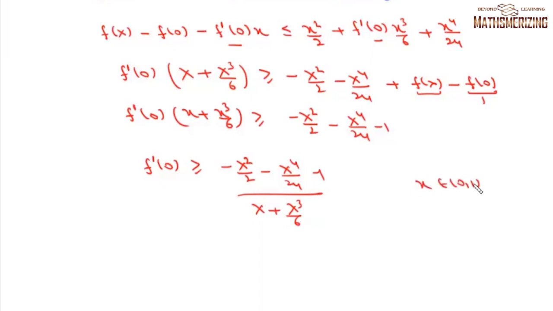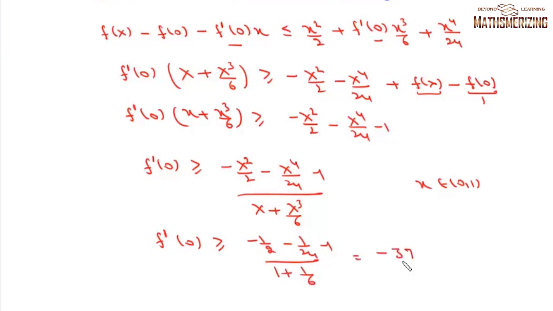Now this function on the right is an increasing function. So this f'(0) will always be greater than or equal to the value when x is 1. So if we put x as 1, we'll get minus 1 by 2 minus 1 by 24 minus 1 upon 1 plus 1 by 6.